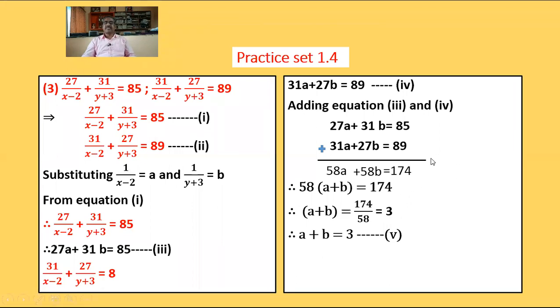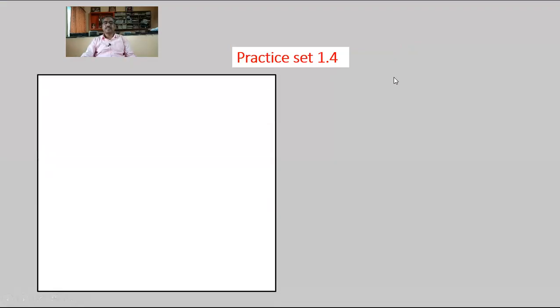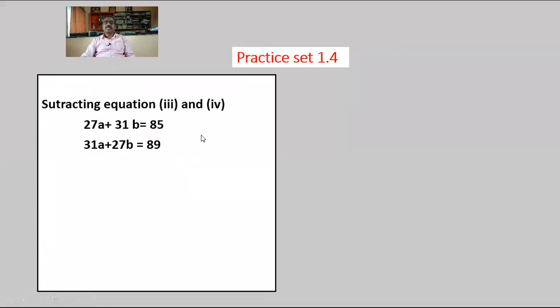Similarly, subtract equations 3 and 4. Subtracting equations 3 and 4: 27a plus 31b is equal to 85, 31a plus 27b is equal to 89.